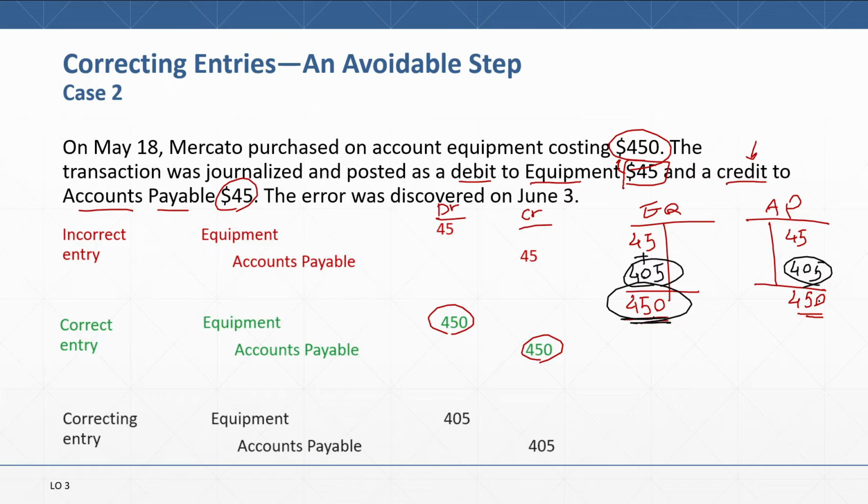It is the same for accounts payable. So this correcting entry plus the mistake together are actually equal to a correct entry. That's one example of a mistake.